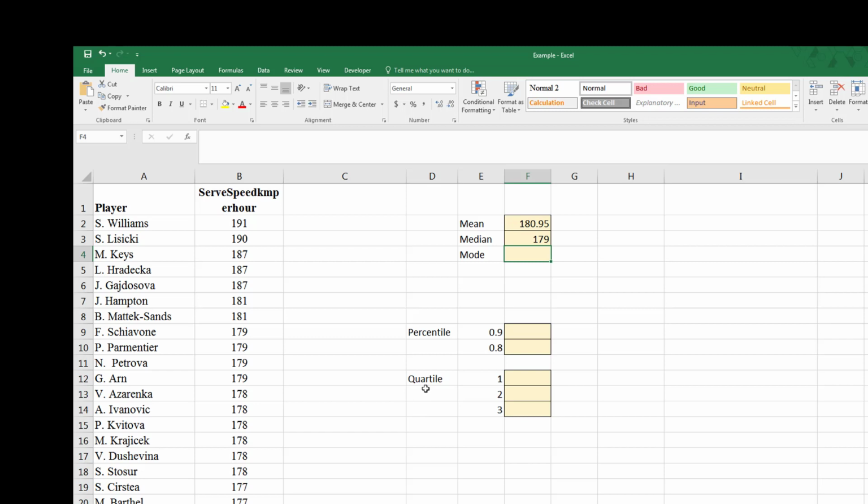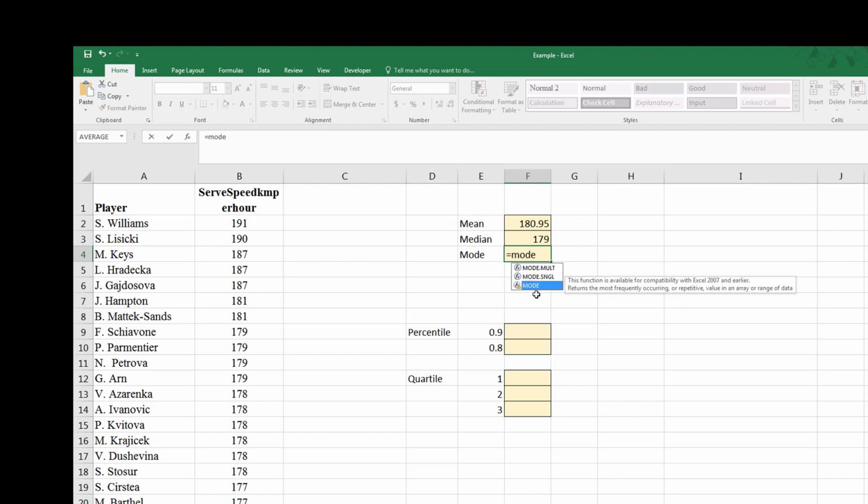Now the mode, well, if my guessing is right, I can just push equal and start typing mode. Once again, it's one of the things I like about Excel's functions, they're fairly intuitive. So I have a mode, and it looks like I could use two of them.